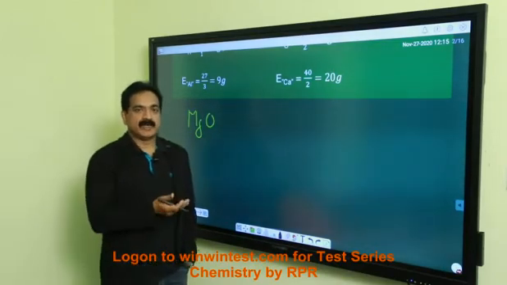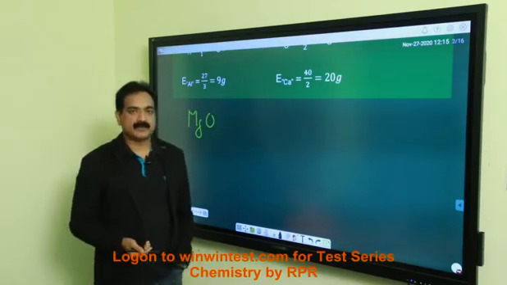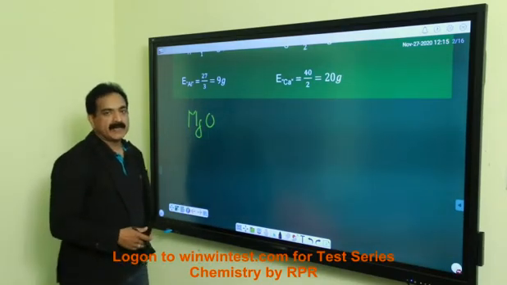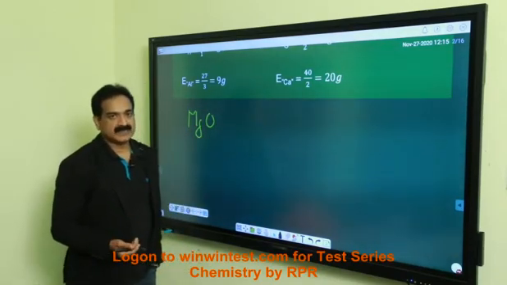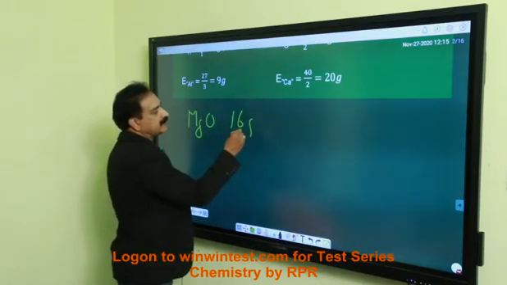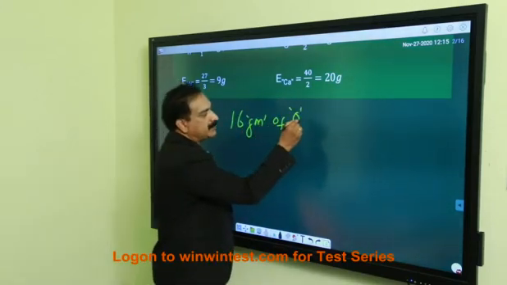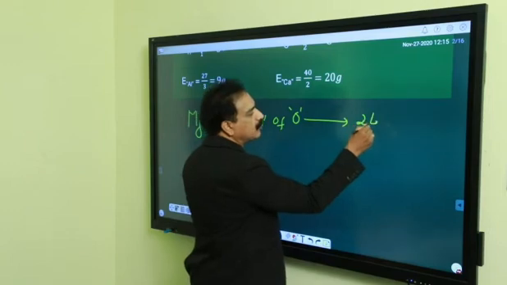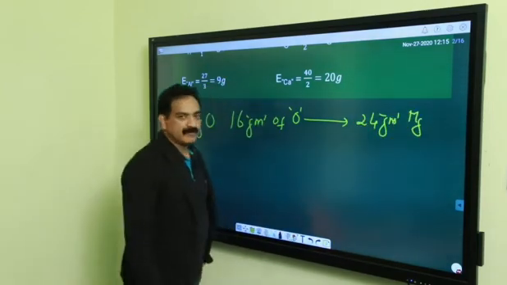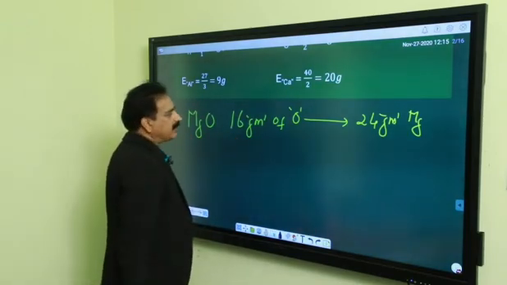From the formula it is clear that 1 gram atom of magnesium is combining with 1 gram atom of oxygen, that is 16 grams. So 16 grams of oxygen has combined with 24 grams of magnesium, which is 1 gram atom.